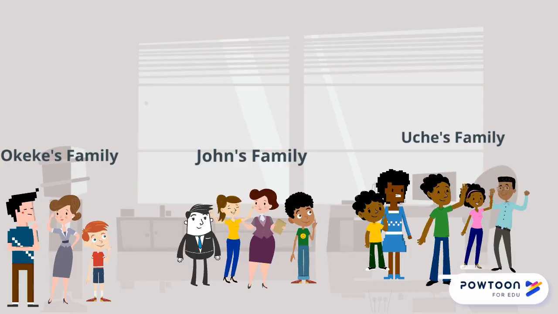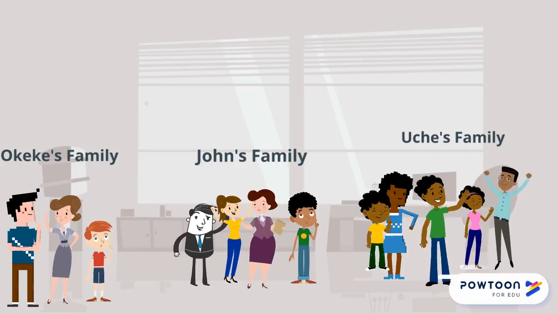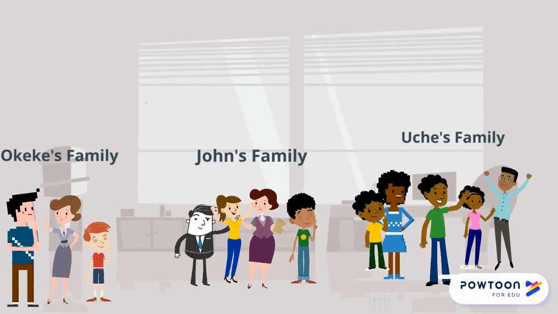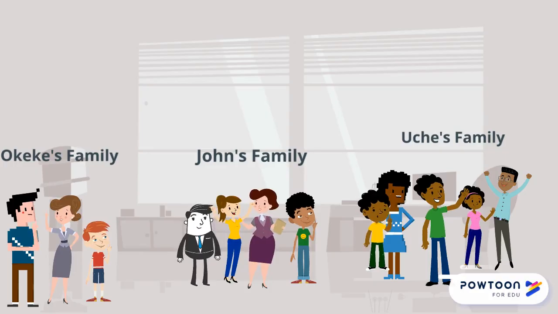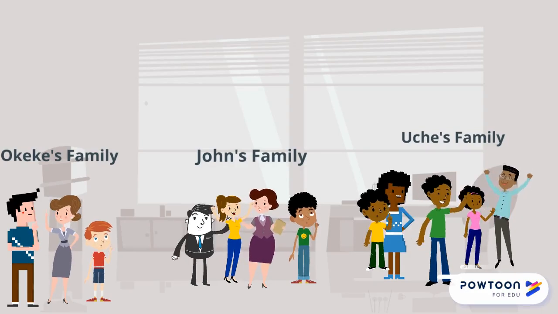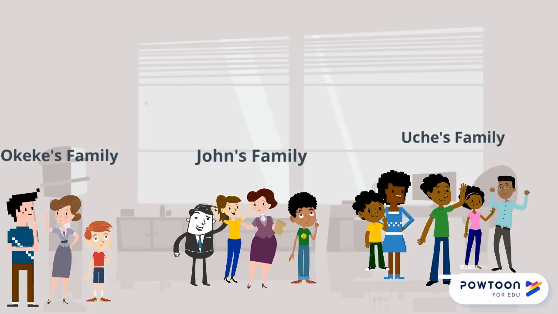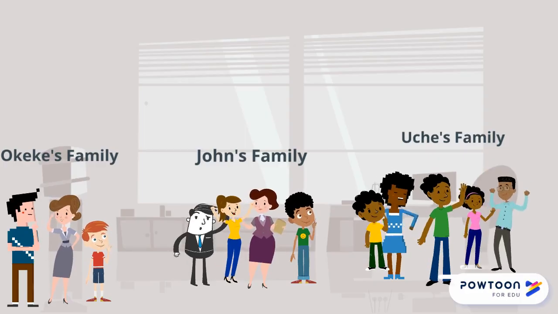These are the 3 families: Okeke's family, John's family, and Uche's family. And we call them 3 households. In Okeke's family, there are 3: father, mother, and Okeke.